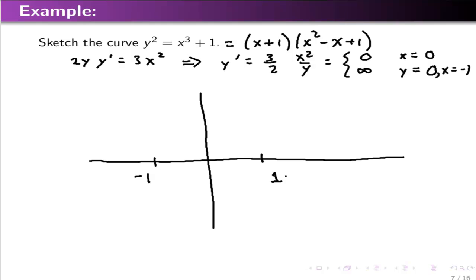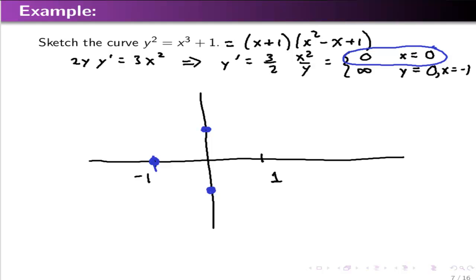There's +1. So we've got a point here. When x is 0, y is plus or minus 1. Again, nice and symmetric. And we also said when x is 0, you're going to have a horizontal tangent.